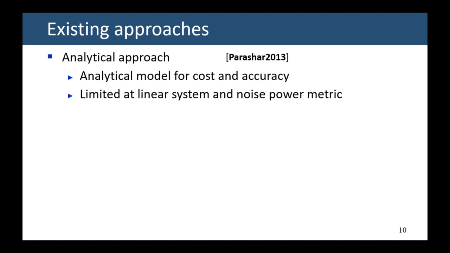For the existing approaches, there are a few studies on how to find a good allocation of noise budgets. Parashar in 2013 used an analytical model to capture the interaction among the kernels through cost and accuracy. However, because of using the analytical model heavily, the approach is limited to linear systems and is not parametric.